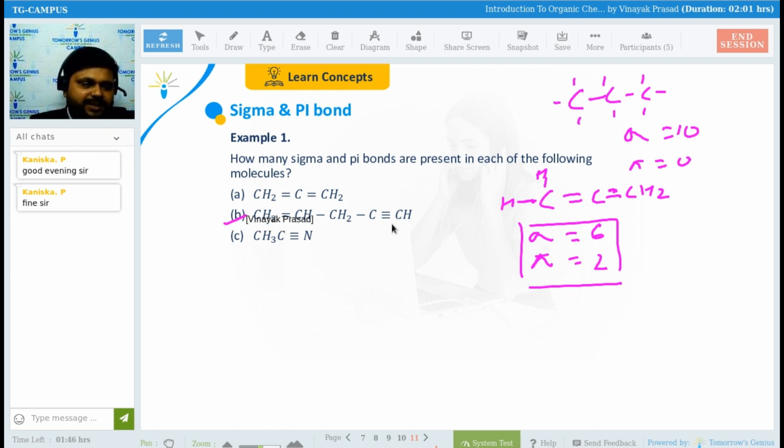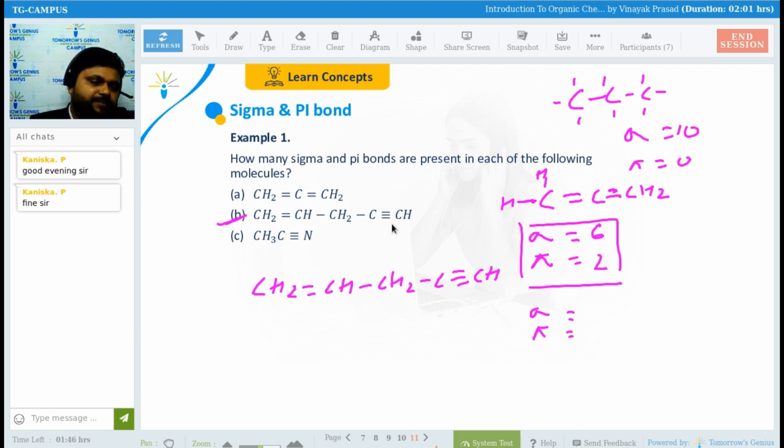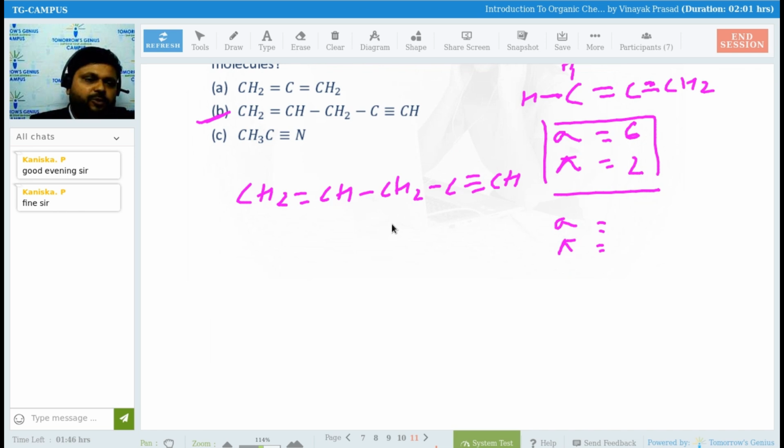If I ask about this compound, CH2, CH, CH2, then C, triple bond, CH, then the number of sigma and pi will be what? See, we can open this chain first. How can we open this chain?